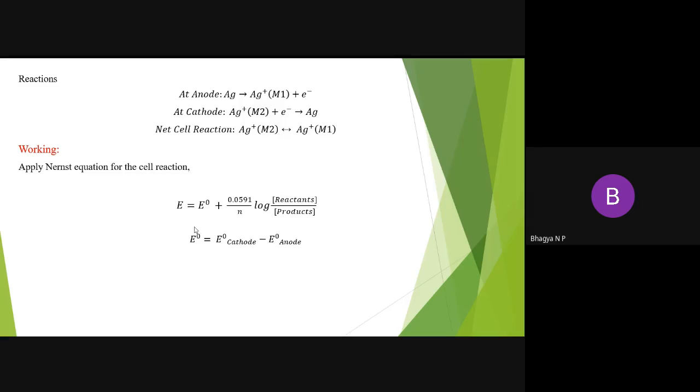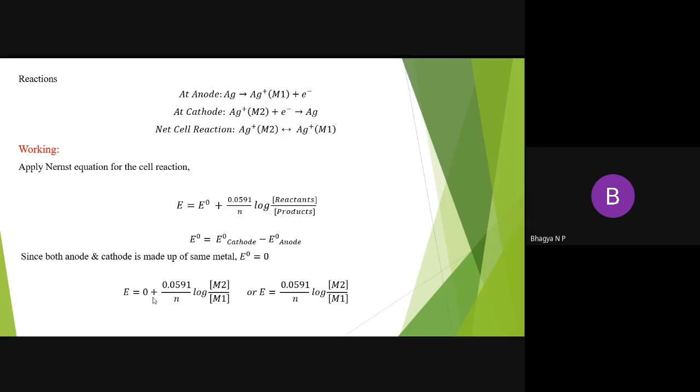This E0 is calculated by the equation E cathode minus E anode. As I said, since anode and cathode are made up of the same metal, E0 is equal to 0. When we apply this E0 and the reactants and products of the net cell reaction to the Nernst equation, we get E = 0 + 0.0591/n log of M2 divided by M1. M2 is a reactant in the net cell reaction and M1 is the product.